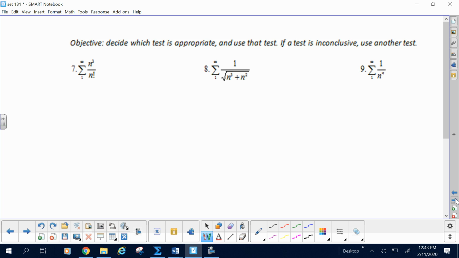8 is also a humdinger. Again, focus on the dominant terms. So you're going to compare to 1 over n to the 3 halves, which is the best way to go. I didn't want to integrate that, and this is the first thing I saw. Let me know if you had some other alternative. In terms of getting there, I would start with, how does this compare to nothing at all?